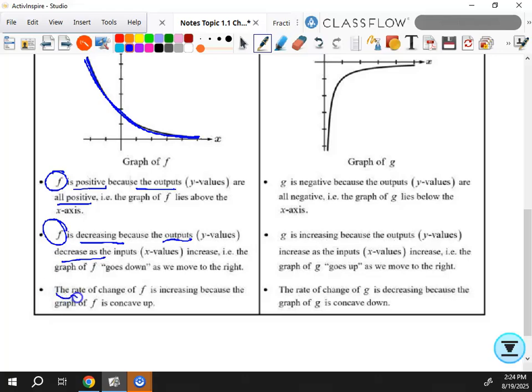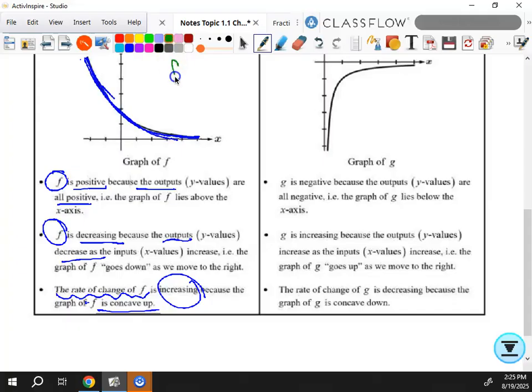Then when we talk about the rate of change of F, even though the function is decreasing, the rate of change is increasing because the graph is concave up. Now I could use my pencil and go, all right, this is negative, then it would become 0, so I can see that it's increasing, but you need to tie it to concavity, because if we're going to explain ourselves in words, we have to talk about concavity.